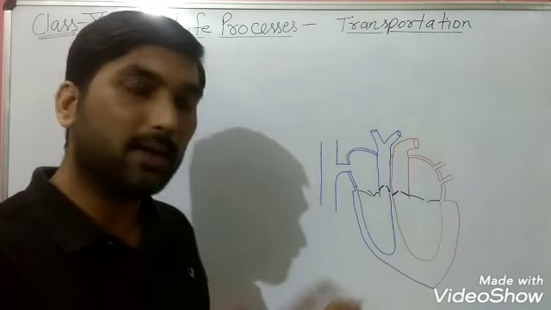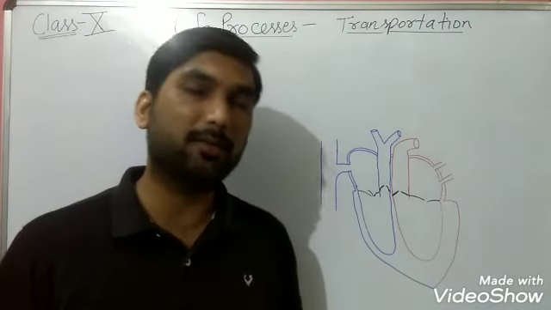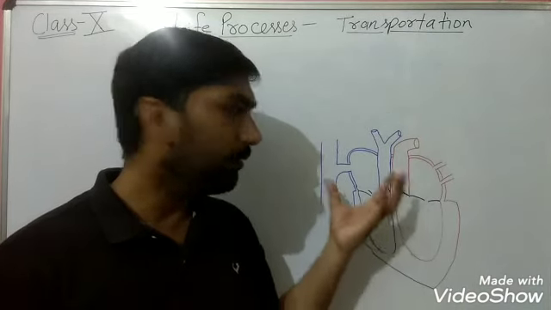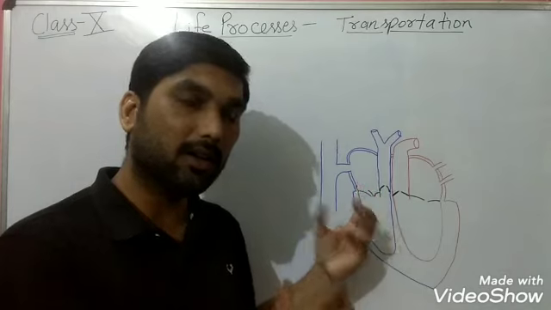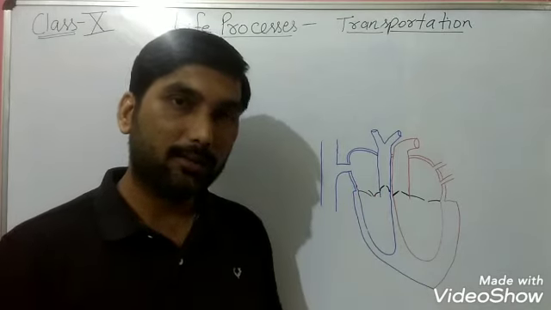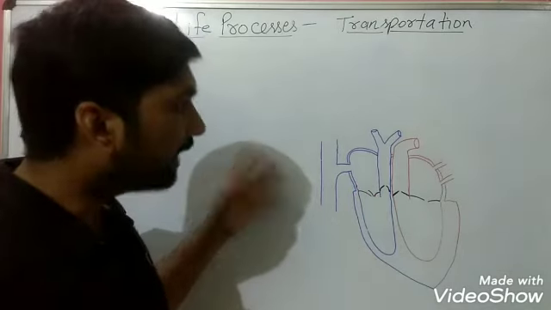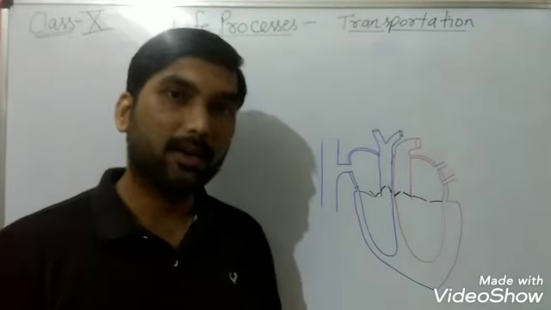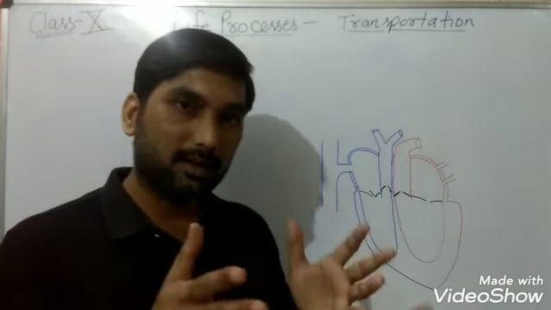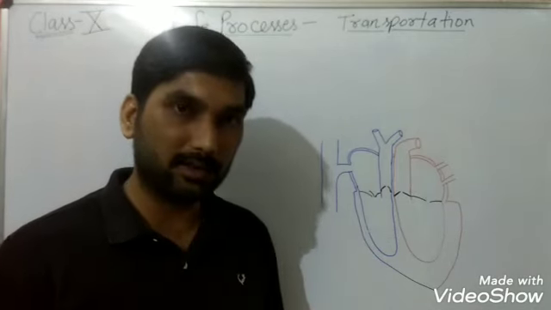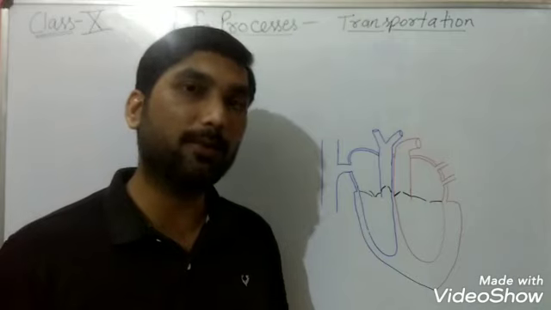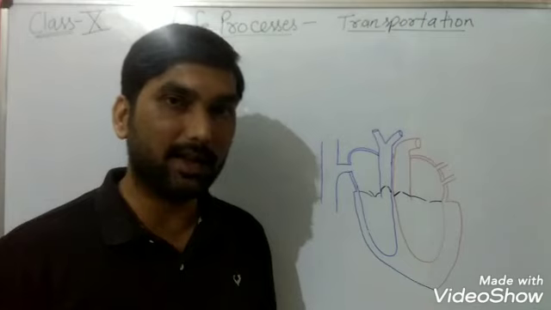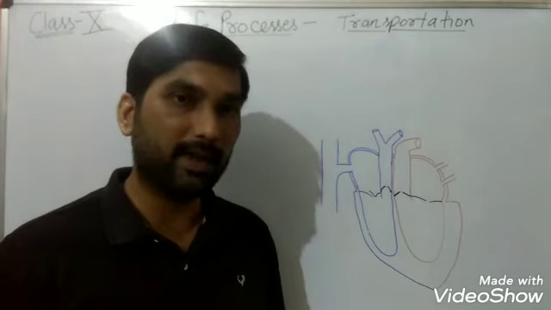So I am going to wind up all these things here, and in the next video we will see the physiology of the heart, means what the heartbeat is and what the heart sounds are, what the pathway of blood or passage of blood through the heart is, what we mean by systemic and pulmonary circulation, and what the benefits of double circulation are, or why we call it double circulation in mammals or human beings.